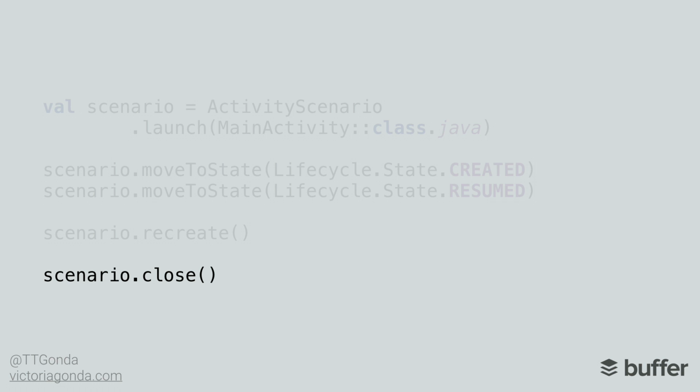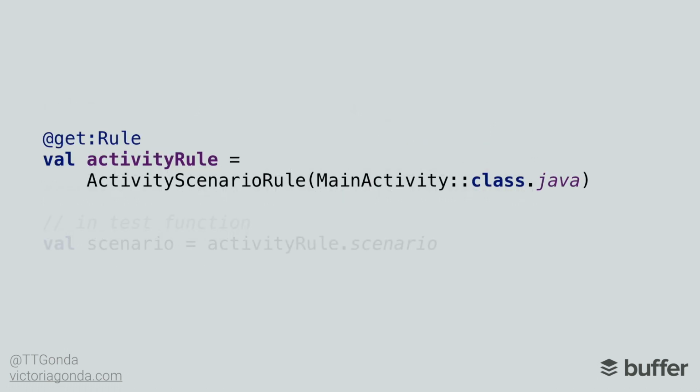The scenario rule will take care of this for you, which, speaking of, there's an activity scenario rule. And you can use this instead of using activity scenario to launch your activity manually in each test. And you can use this instead of the activity test rule you might know. In case you don't know, a test rule is a tool to change the way tests run, sometimes adding additional checks or running code before and after your tests.